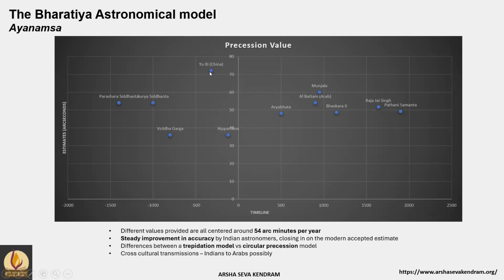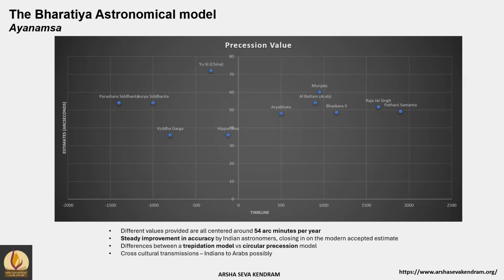There are some Chinese astronomers here, some Greek astronomers, Vruddha Aryabhatta, everyone is there, but mostly they are all centered around this 54 arc seconds per year, right? You can clearly see that most of our Indian astronomers lie in that 54 plus or minus range, which means Indian astronomers had a very accurate model.